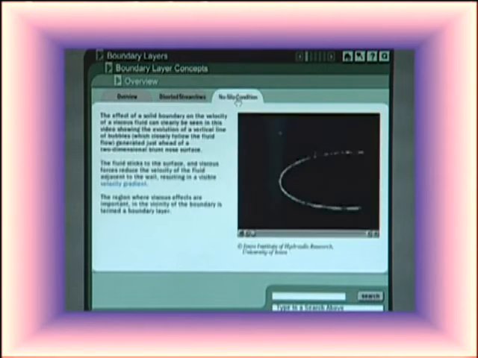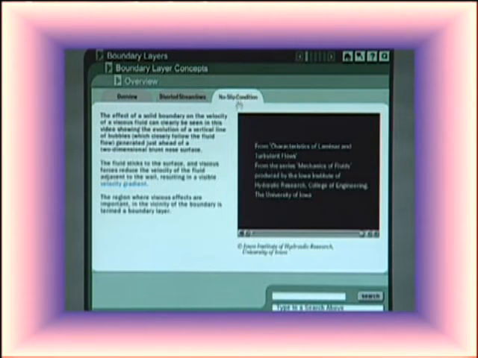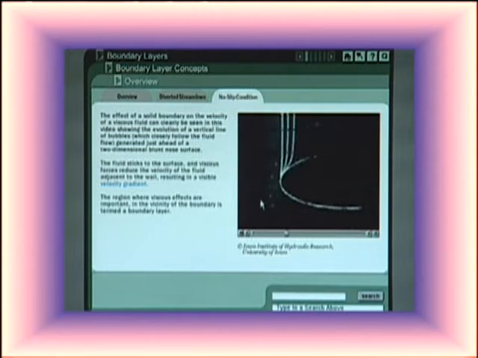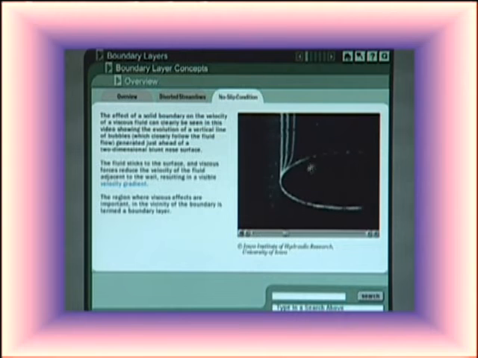To further understand it, we have another video in which, with the help of some visualization technique, we can understand what happens to the fluid flow near the surface when the fluid comes in contact with this solid boundary.